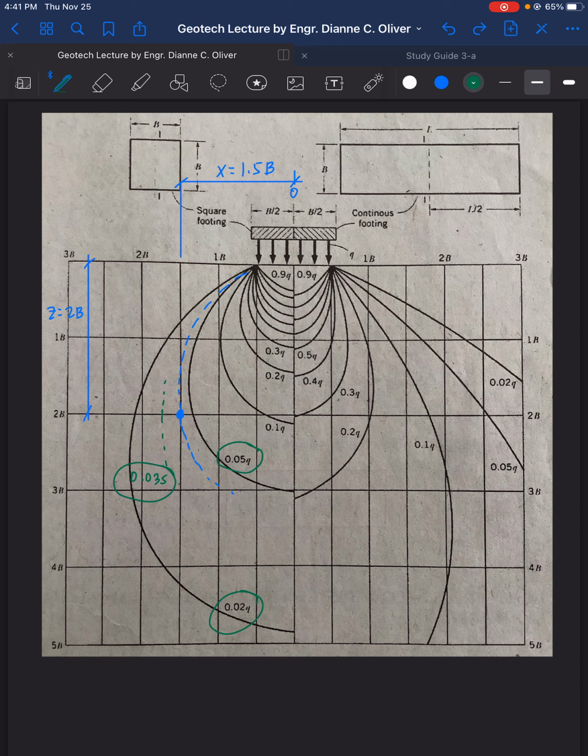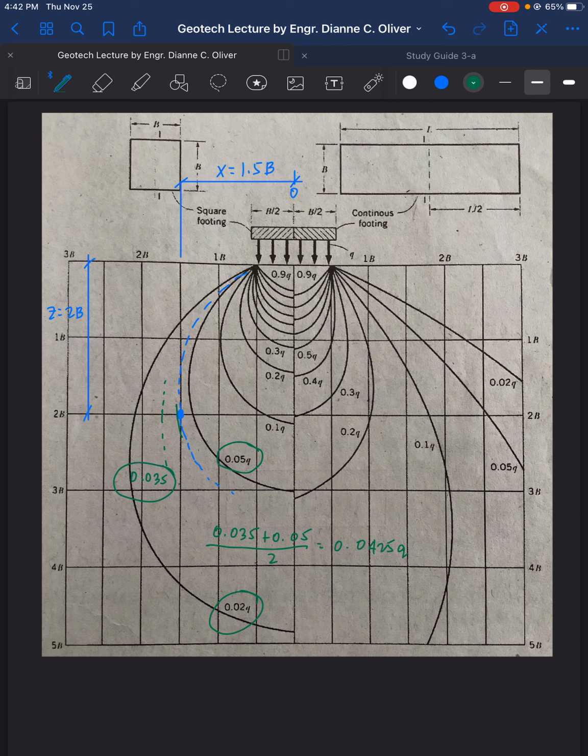So we have 0.0425 in this middle here, because 0.035 plus 0.05 divided by 2 is equal to 0.0425Q.